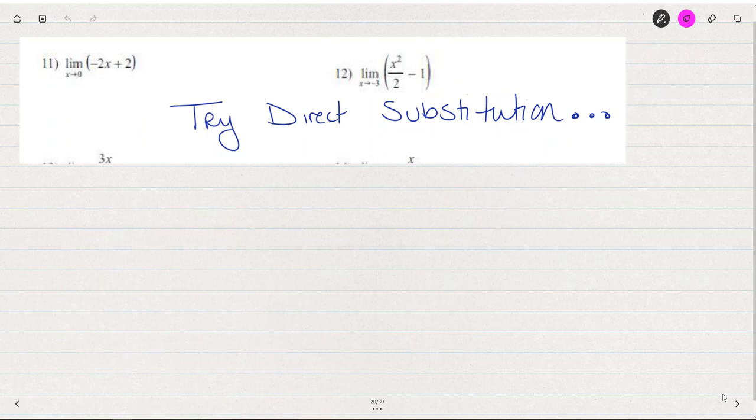Number 11 and 12, always, always, always start by trying direct substitution. Does it give us a 0 in the denominator or any other problem? Oh, look, they're so easy. 11 and 12 are so easy because all we have to do is replace the x with a 0 or replace the x with a -3. Oh, be careful. It's not -3 squared.